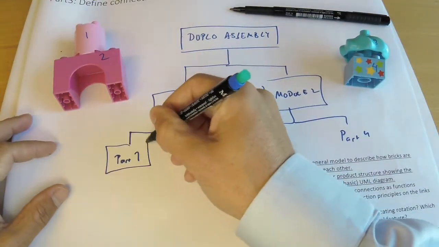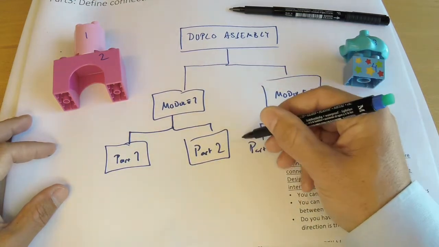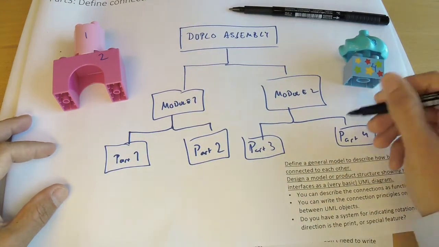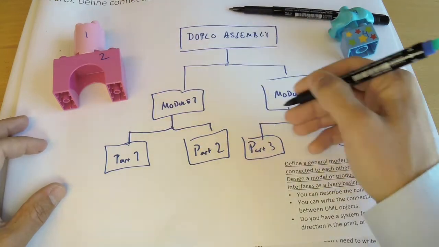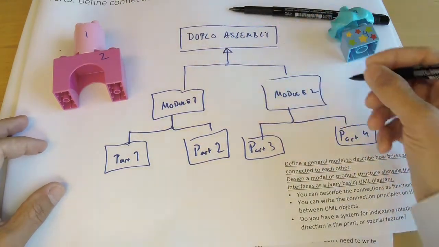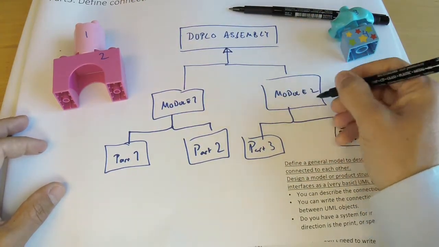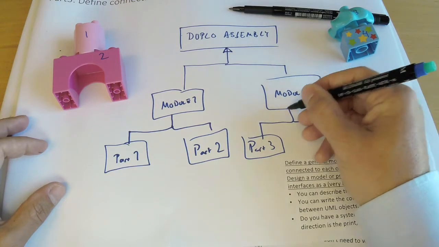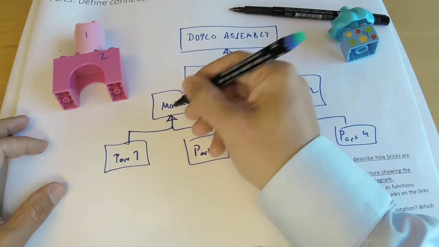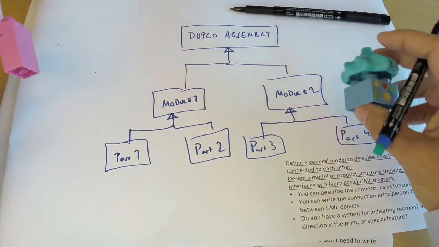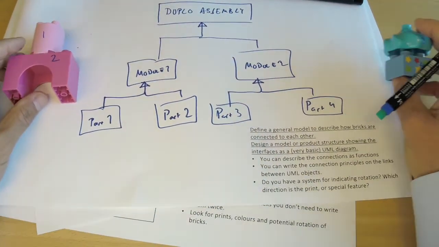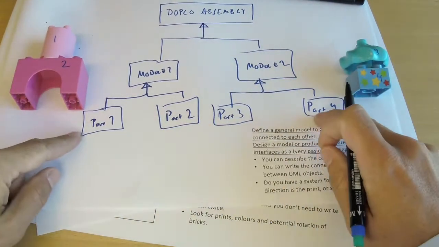So we just renamed them part 1, part 2, part 3, part 4. So this is the assembly, and it consists of, then we can put in something like this, and module 2 actually consists of blah blah blah. So there we go. And these are the actual physical parts.